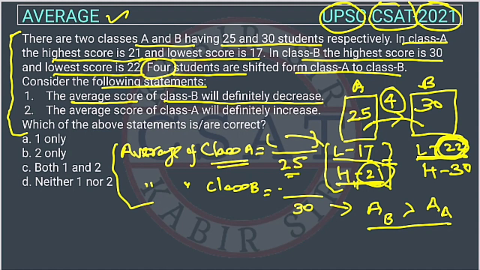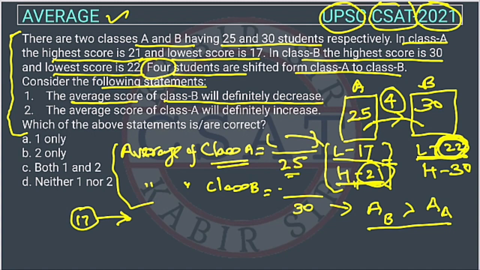But now what is happening? The four students are getting shifted from A to B. So if we assume that the students who got shifted from class A to class B have, let's assume, 17 minimum marks, right? Okay, the minimum marks students are shifted from class A to class B, right?